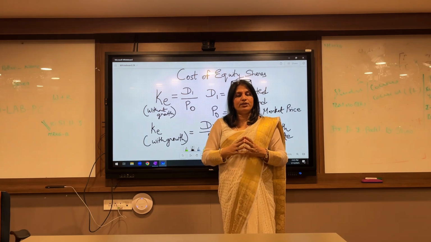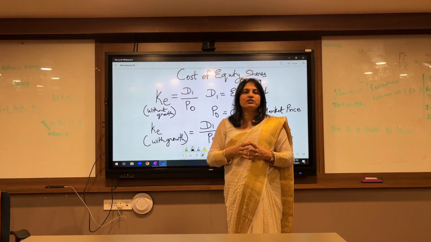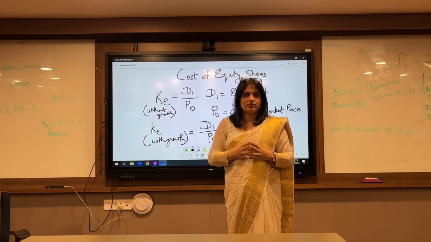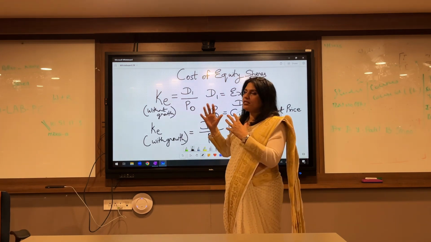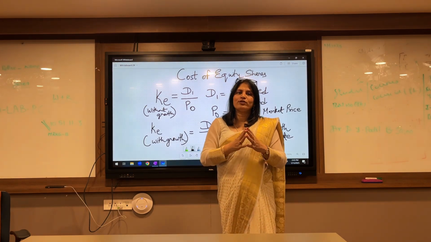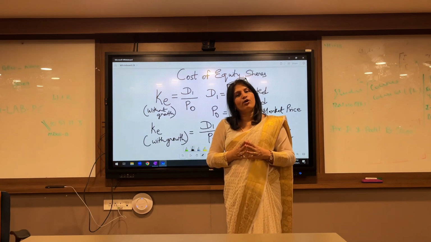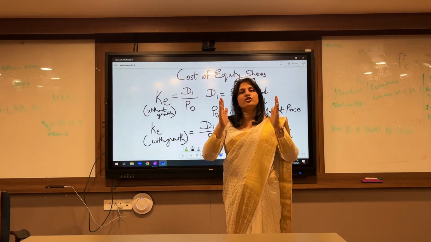Remember one thing, when there is nothing stagnant and fixed, what determines the cost is the expectation. So here, the expectation of the equity shareholders will help us determine the cost of equity, and therefore we can calculate the cost of equity considering two aspects.